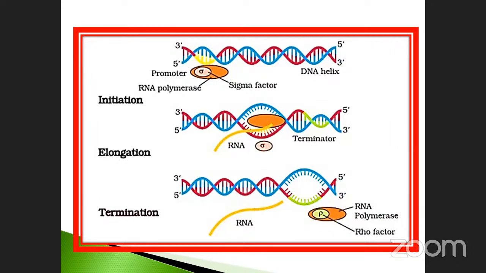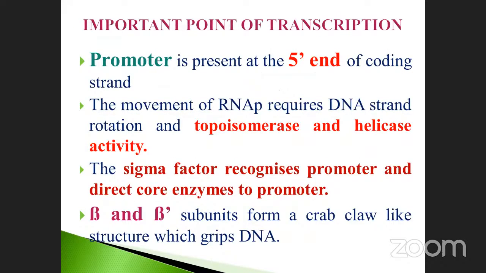During this process, the polymerase moves on the DNA strand. Two enzymes are very essential, and they have been reported. What are they? Topoisomerase and helicase. These two are very important for the DNA rotation.